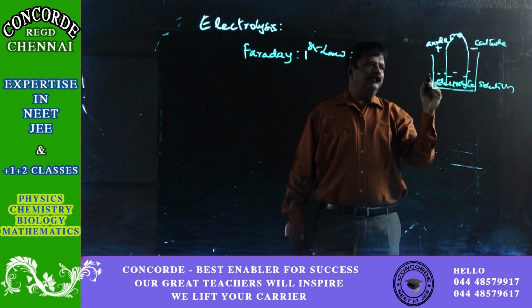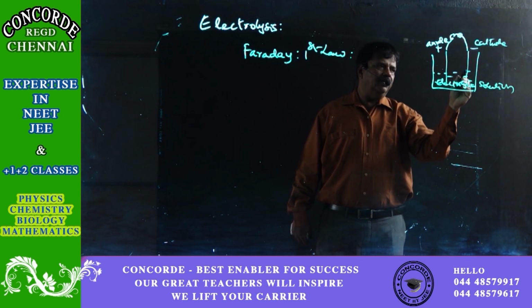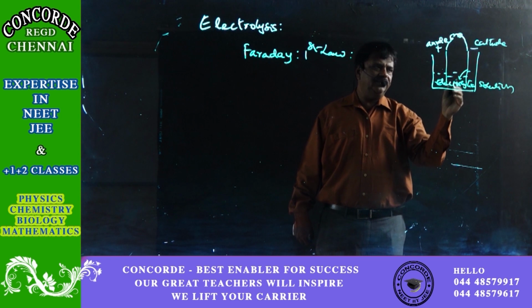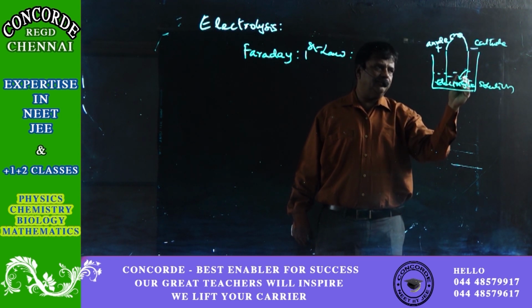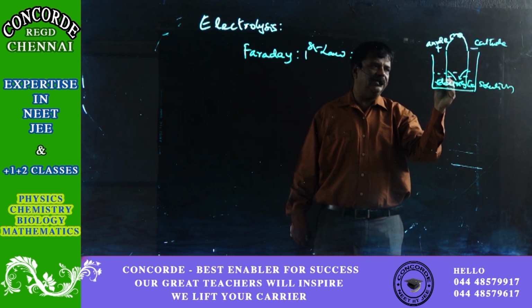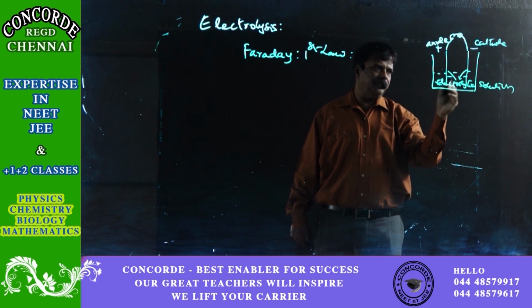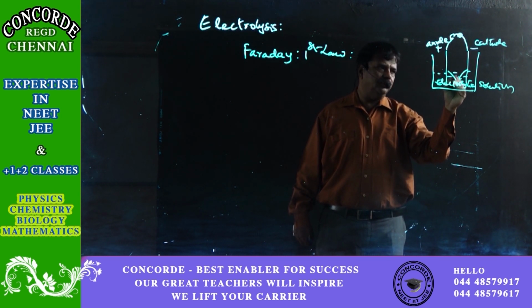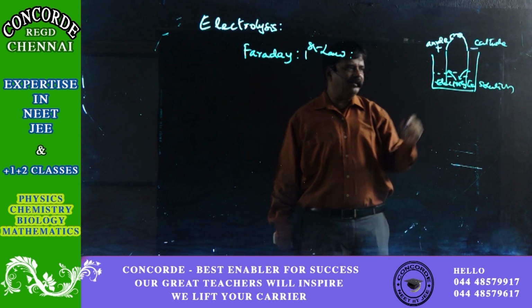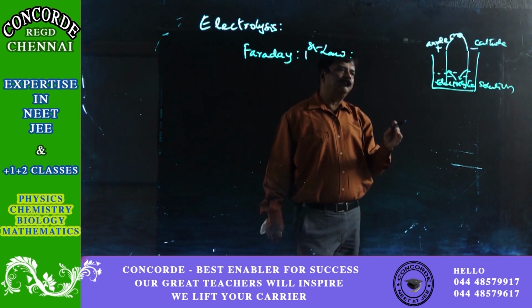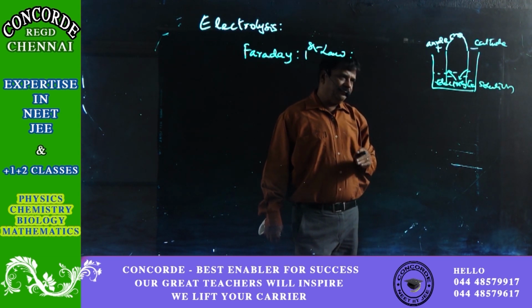So we also know that some of the metal in the electrode is getting dissociated and some is getting deposited in another place. So you know that at the cathode and anode, there is some place where there is a deposition and some place where there is a liberation.